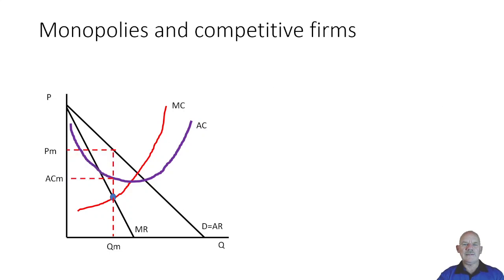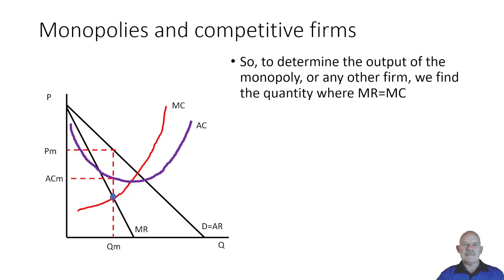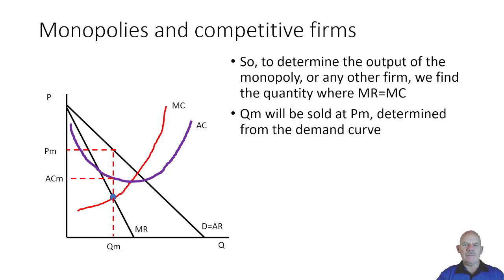So just to reiterate, to determine the output of the monopoly, so where do you find QM? You set marginal revenue equal to marginal cost. How do you find PM? You find it from the demand curve, so you go vertically up from QM to the demand curve to find PM.